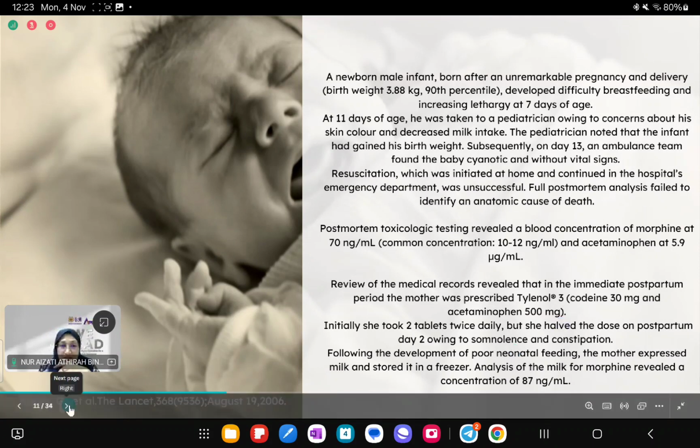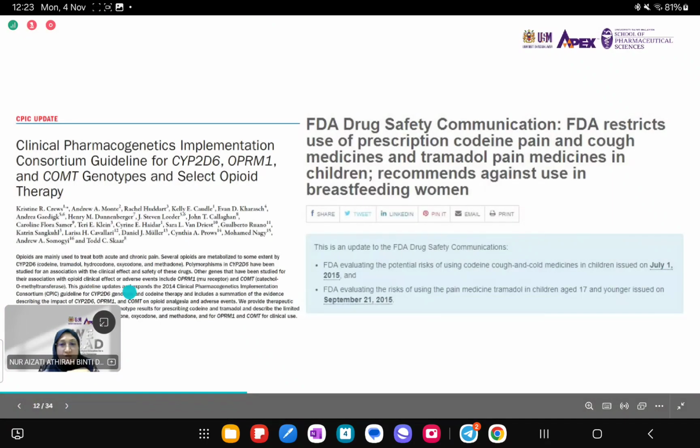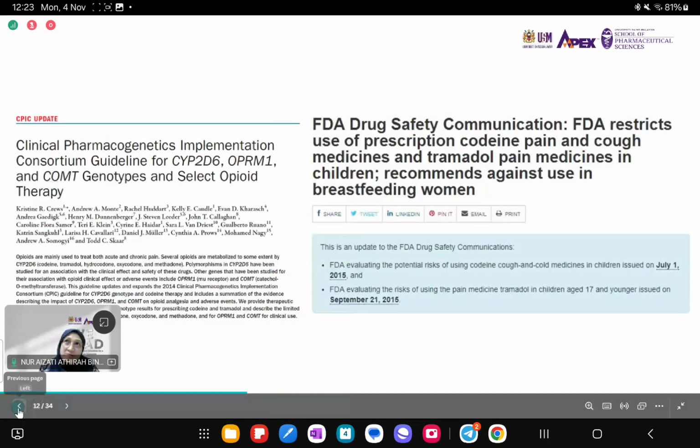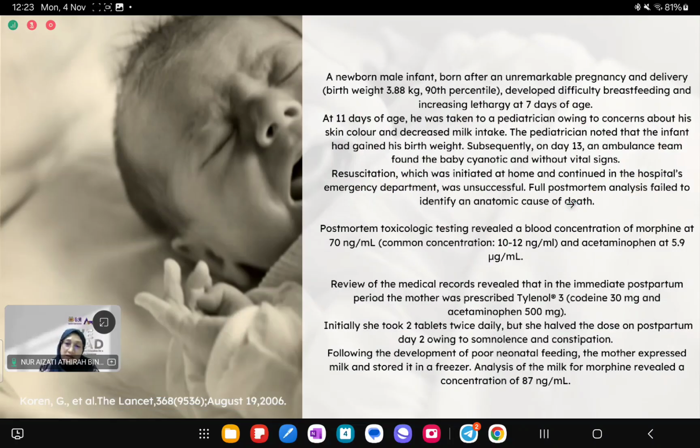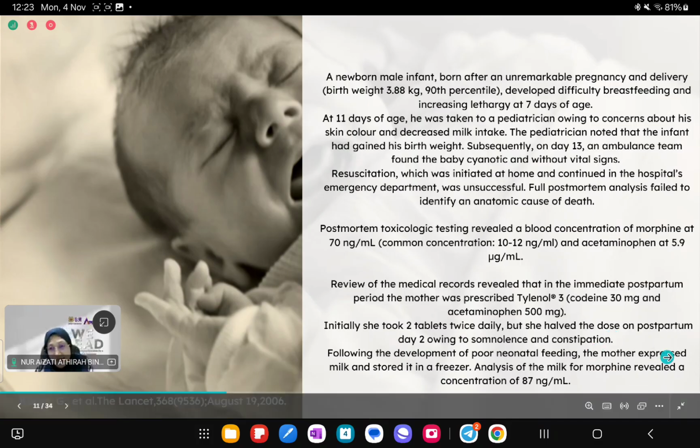So what happened here is that the mother was taking Tylenol, a combination of codeine and acetaminophen, and codeine needs to be metabolized by CYP2D6 to morphine. Codeine is a prodrug, morphine is the active drug.